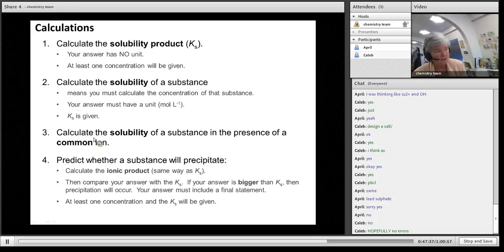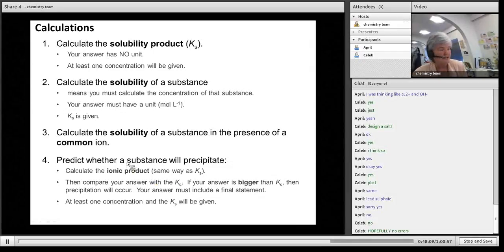And then, and this will be more in the next lesson, is calculating the solubility of a substance in the presence of a common ion. So if I've, say, got a lead chloride solution, and then I add HCl, so I've got chloride and I'm adding another chloride, the solubility is going to change, because the chlorides don't just come from one source anymore. It's now gone to two sources.